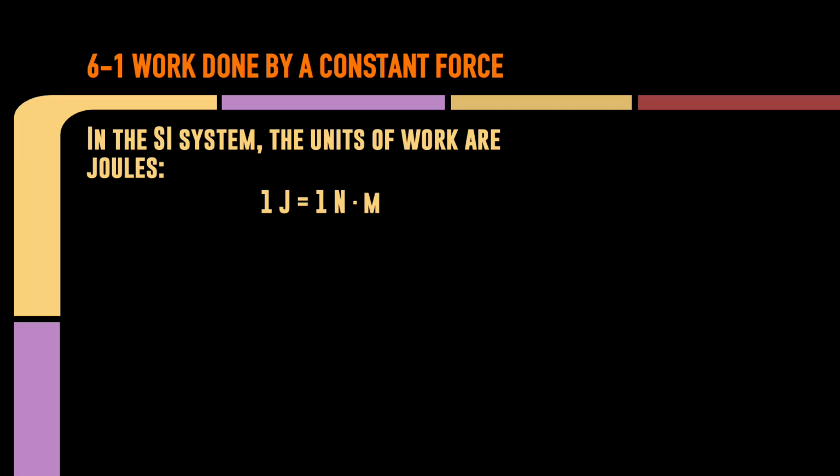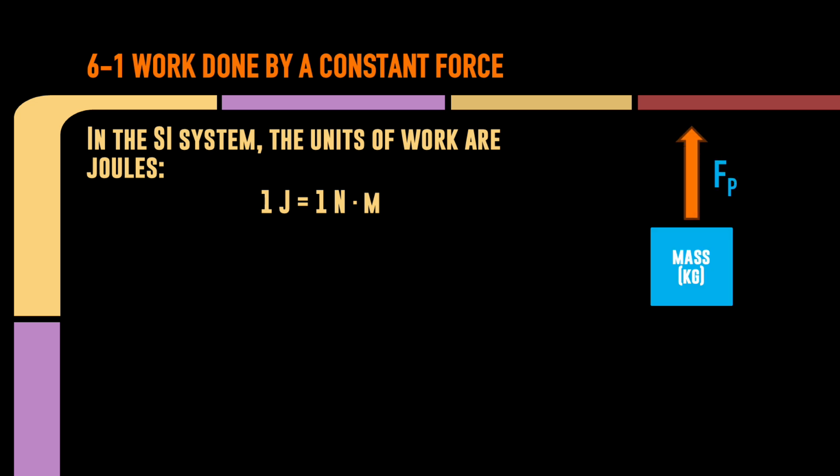And so we have an interesting thing that can happen here. I have a mass here, and let's say I apply a force to it to hold it up, and I have a weight of it, obviously. And what I do is I carry it along a certain displacement d.